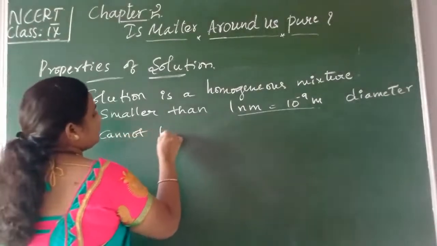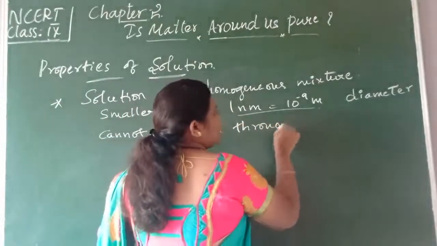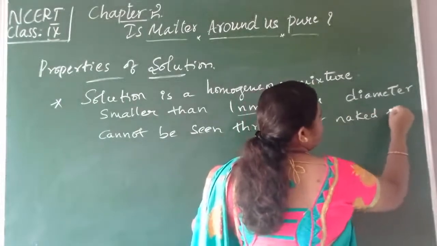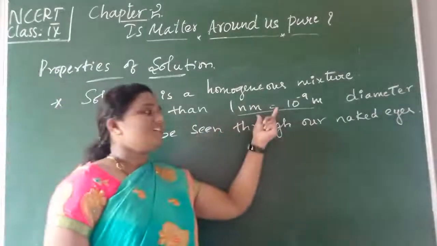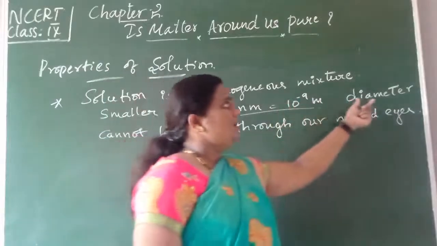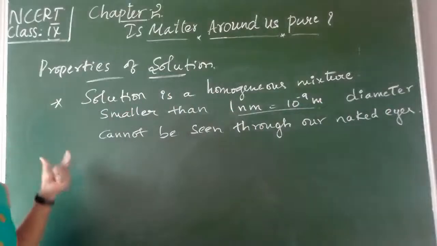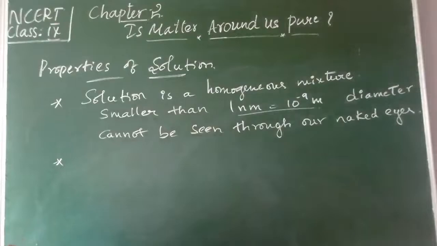They cannot be seen through our naked eyes, because they are very small in size. That is 1 nanometer, nothing but 10 to the power of minus 9 meter in diameter. Means the particle's diameter is very small in size. And because of this smaller size, the path of the light is not going to be visible.